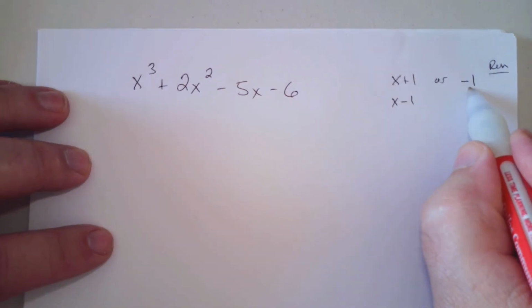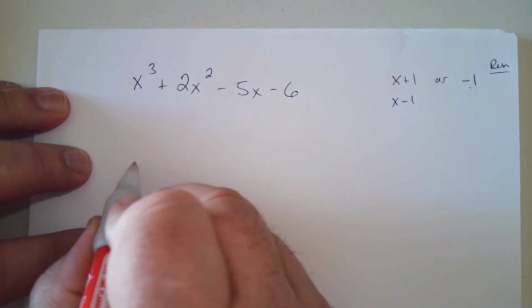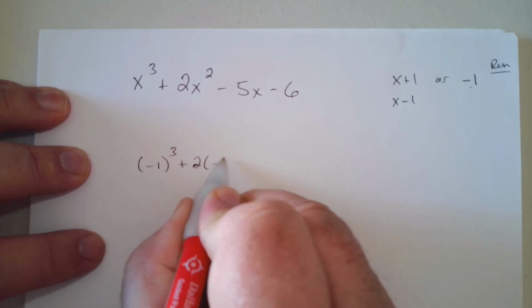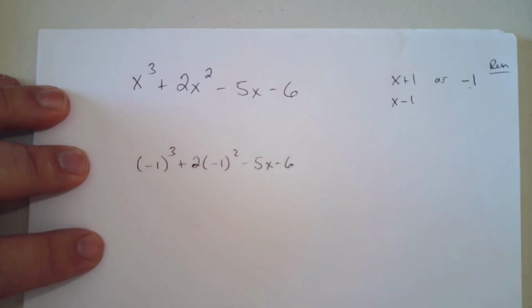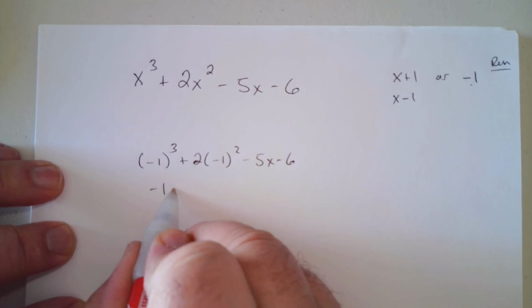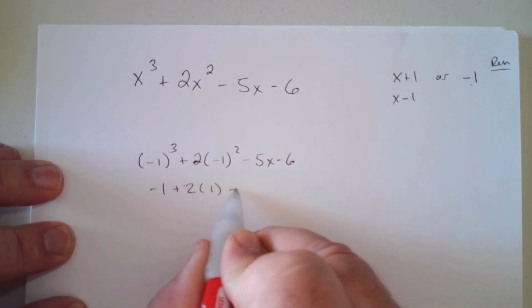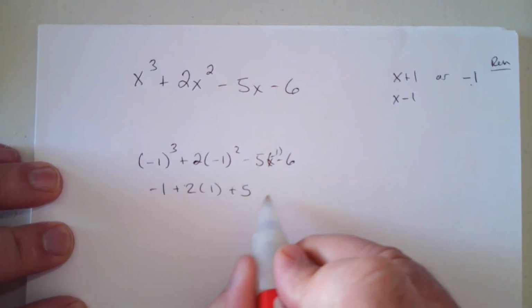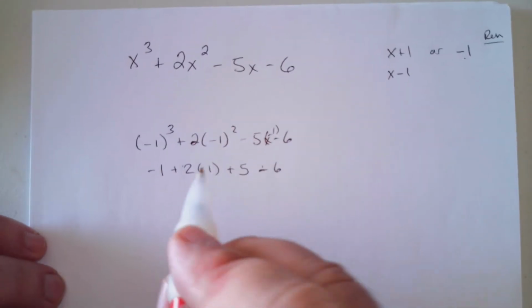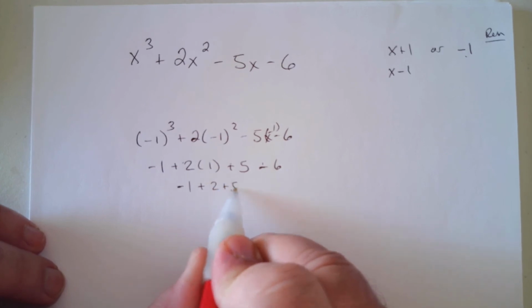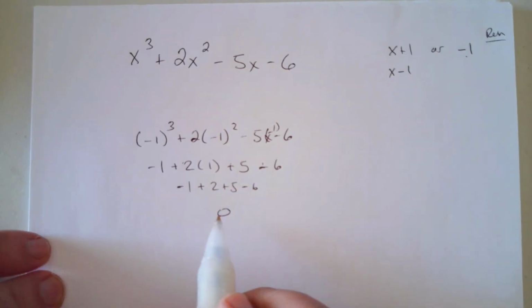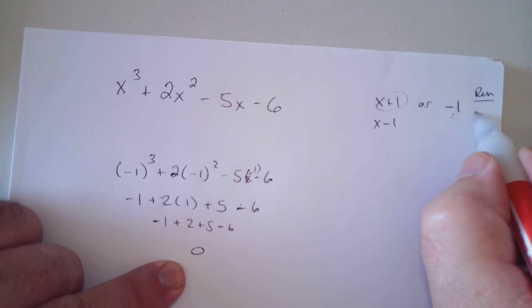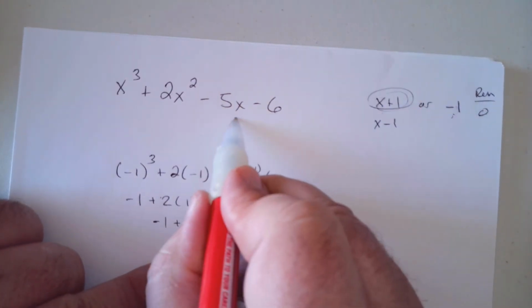So if I plug in negative 1 inside there and work it out, it's 0. Since the remainder is 0, I know that x plus 1 is a factor of it.